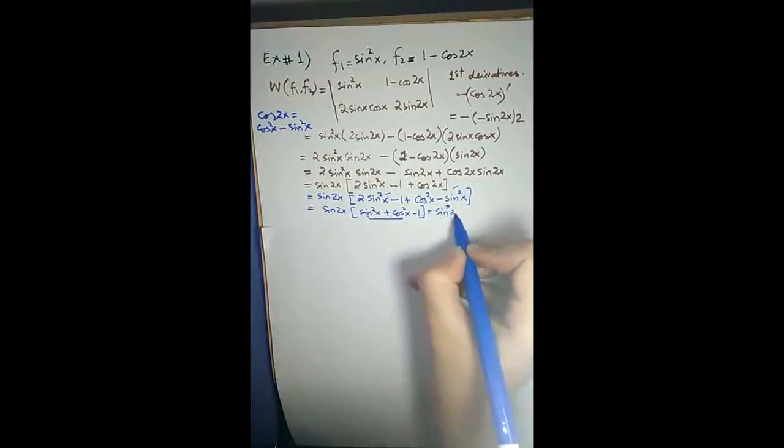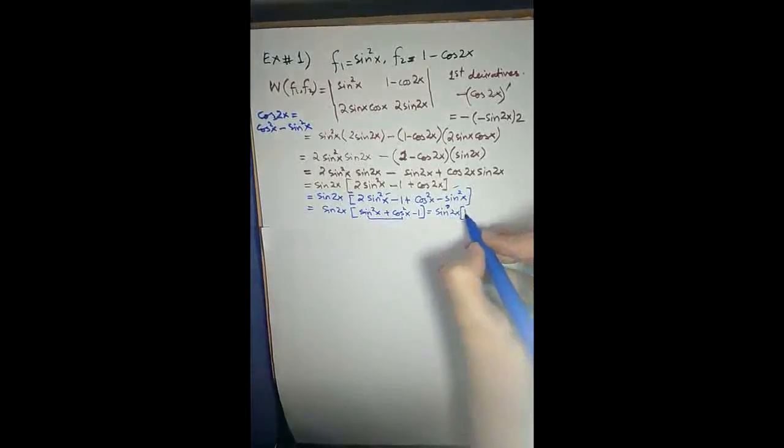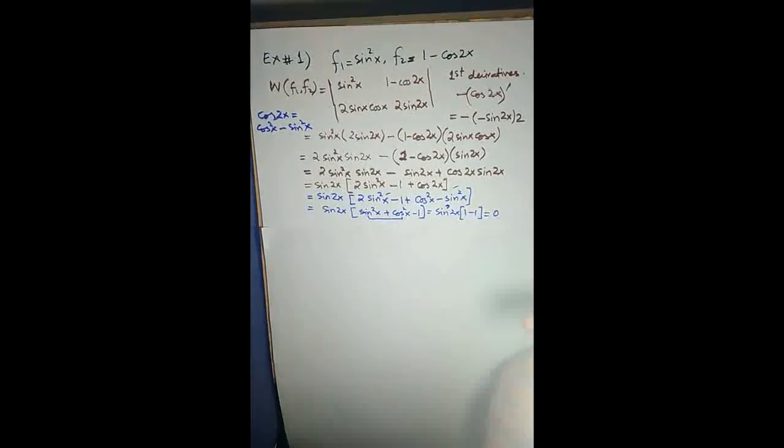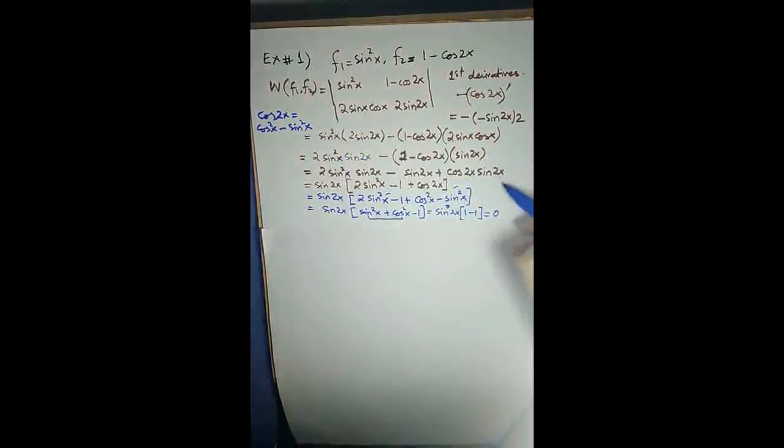Sine 2x, this becomes 1, since sine square x plus cos square x is 1, and 1 minus 1 equals 0. That means its determinant is equal to 0. So that is not linearly independent. These two functions are linearly dependent functions, right?